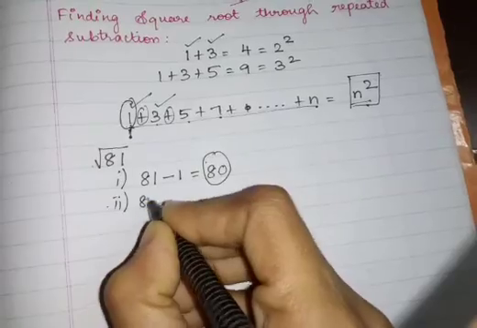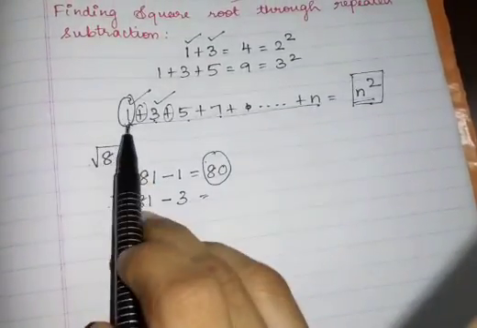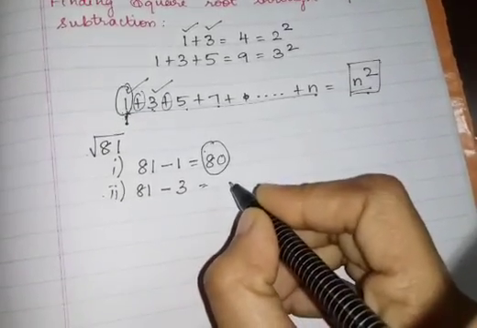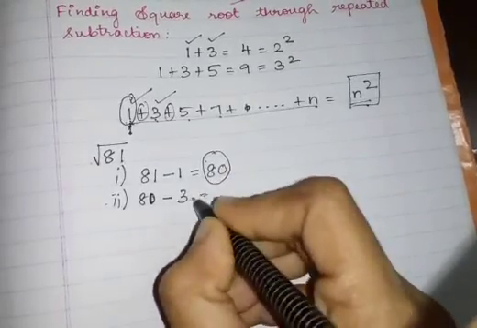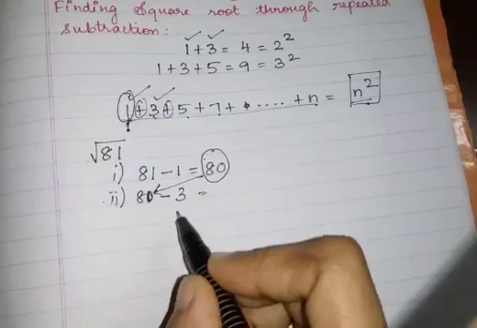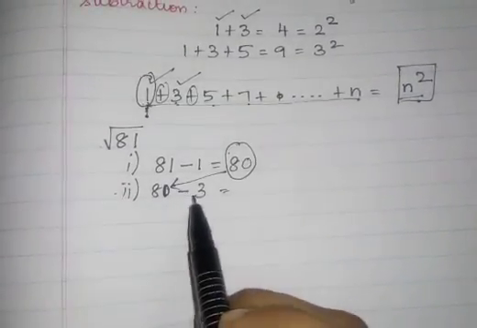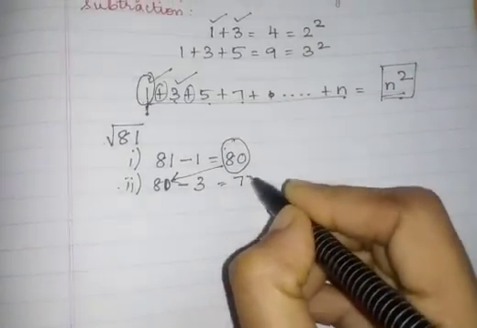Second, I subtracted 1 first, next I subtract 3. Sorry, with this answer, 80 minus 3 I should take. What is 80 minus 3, children? 77.